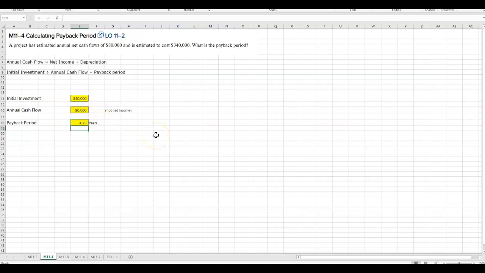Note that this only works if the annual cash flow is the same every year. If it's not the same every year, you have to do some calculations to figure out exactly when it gets paid off. So you'll typically subtract the annual cash flow from the initial investment for each year until you get down to paying it back. And in the last subtraction, you have a partial year.